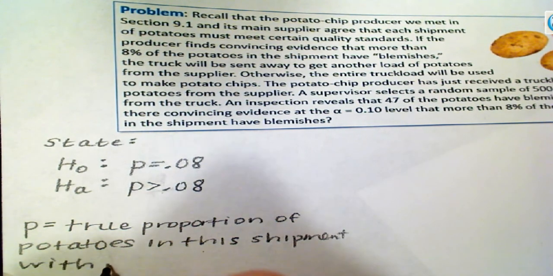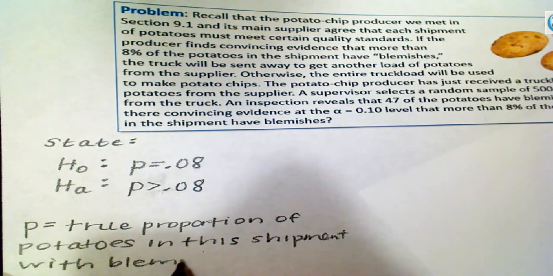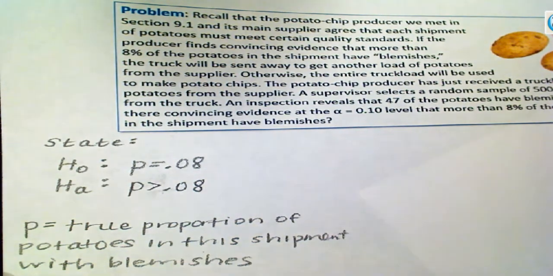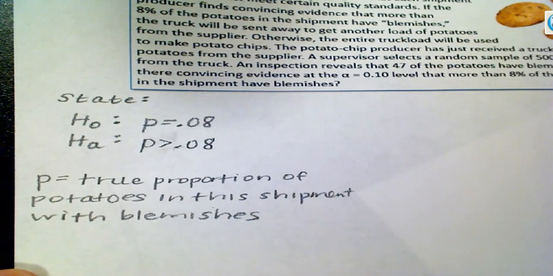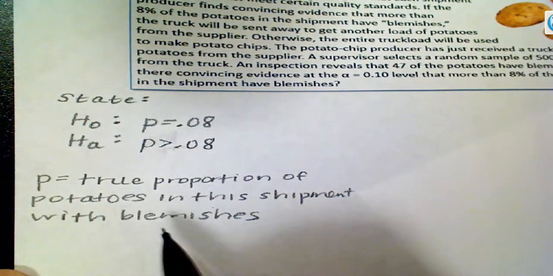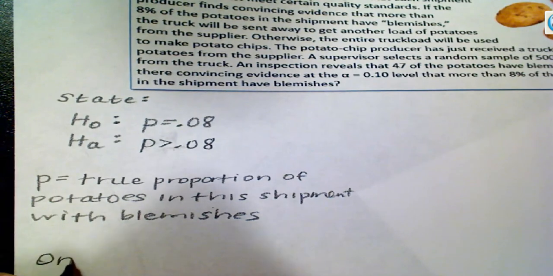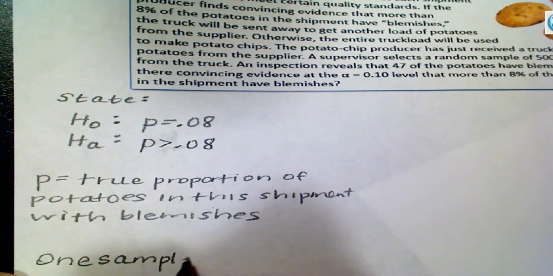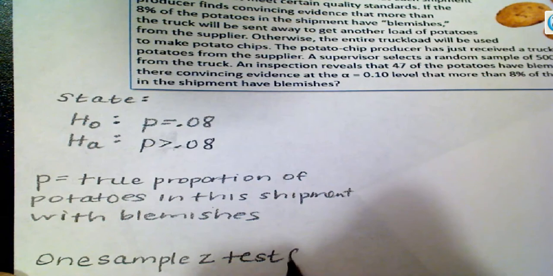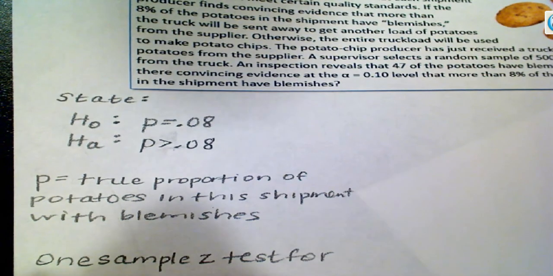That's our parameter. That's what this whole problem is about. The next thing you need to have in your statement is the name of this procedure, which is what we were talking about just now. This is a one sample z-test, because we're doing a hypothesis test for proportions.